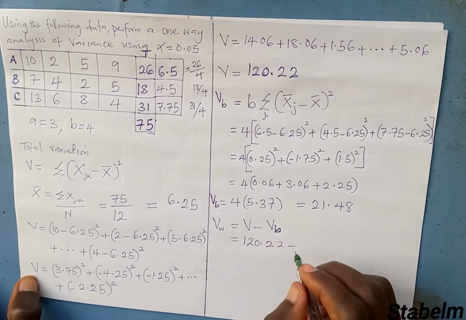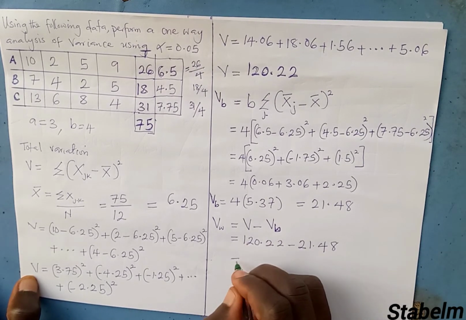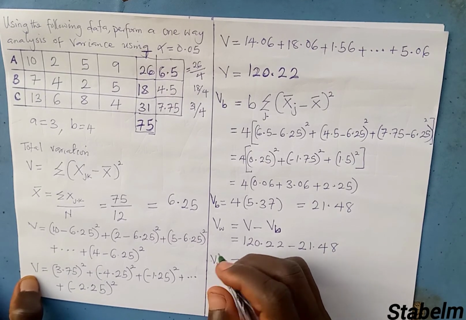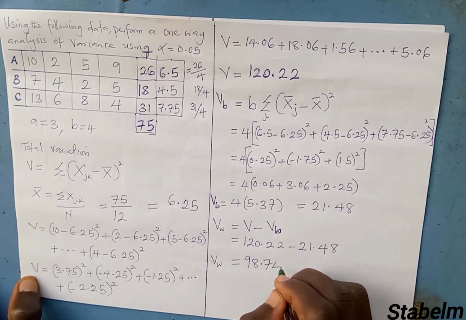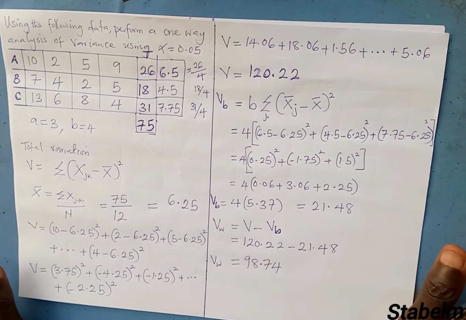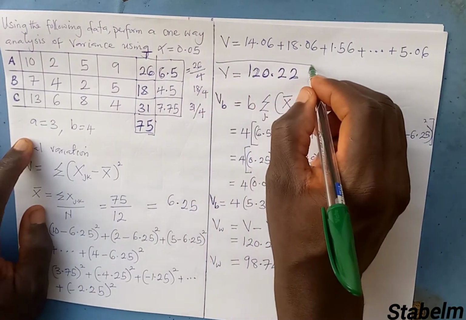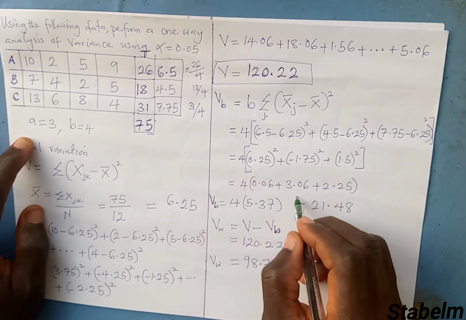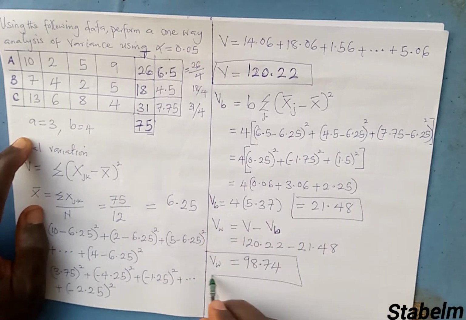So our V is 120.22 minus our variation between, which is 21.48. If we subtract that, our VW will be equal to 98.74. So for V total, we have this value. For V between, we have this value. And finally, for V within, we have this value.